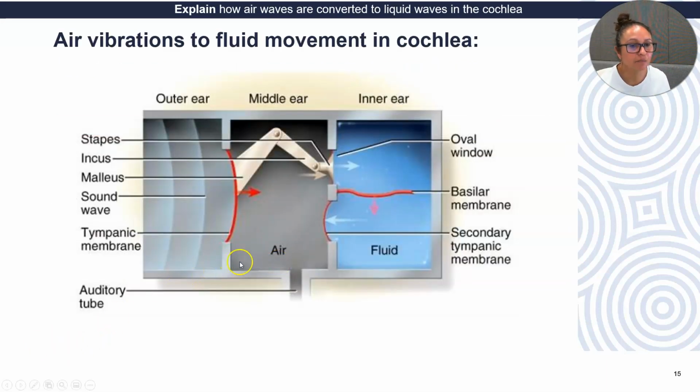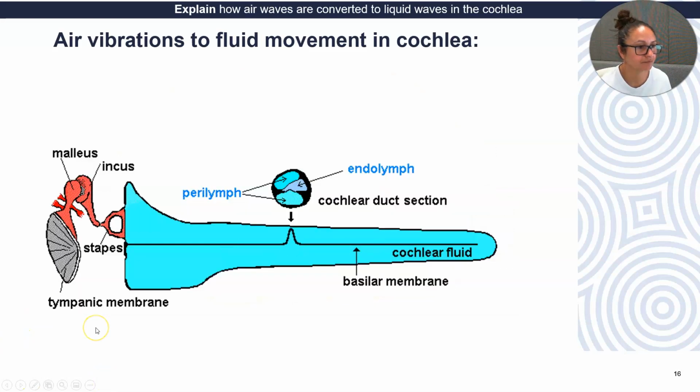So when you think about how we hear, what we're doing is we're actually converting air pressure waves to fluid waves. That's how our hearing works. Air pressure waves, then you've got your bones, and they are converting it into fluid waves.